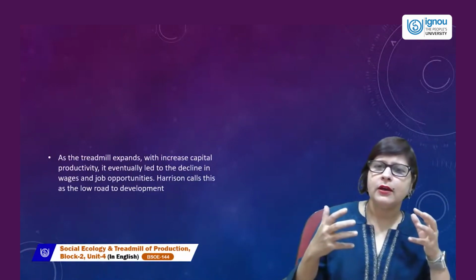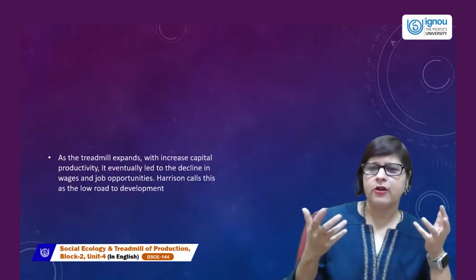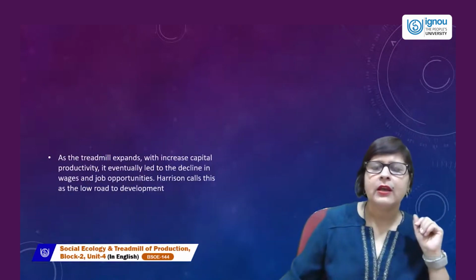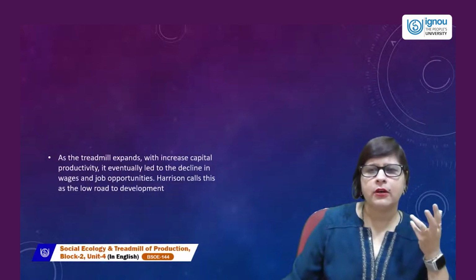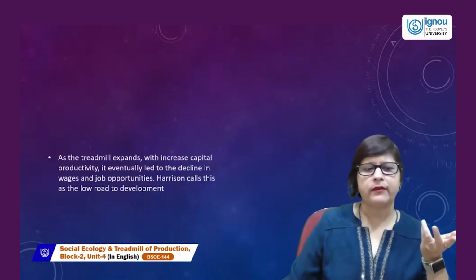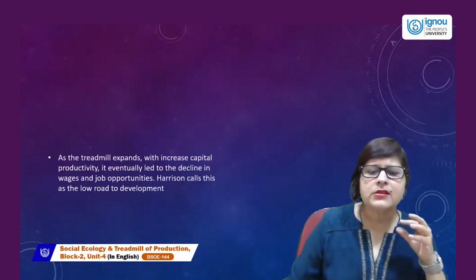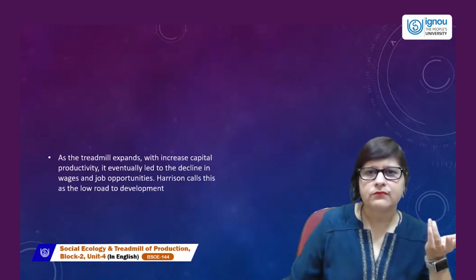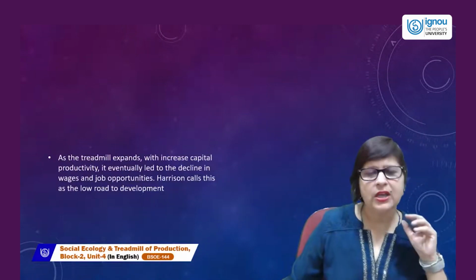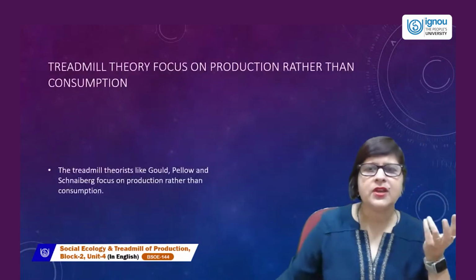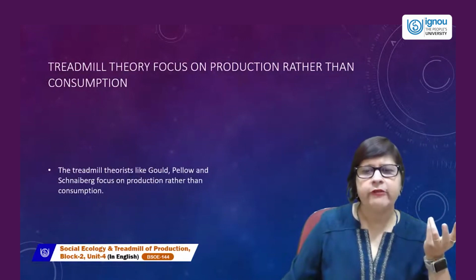And when we can use technology better than human resources, we can get work done with our technology. We prefer the technology over the manpower. So this reduces the chances of job opportunities, right? Because of the advancement of technology, Harrison calls it a low road of development, because it is impacting our environment and our society, right?